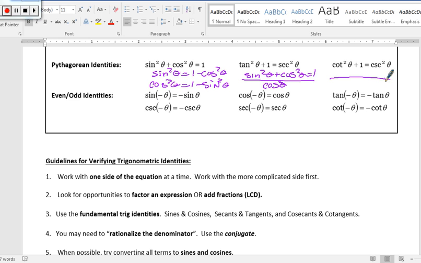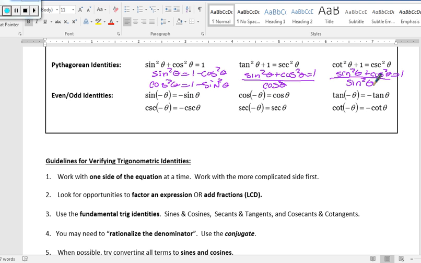This one over here was taking your basic Pythagorean identity of cosine squared theta plus sine squared theta equals 1, and this time we are dividing by sine squared theta. These, again, reduce to get us 1. Cosine over sine would get you cotangent. 1 over sine squared theta would get us cosecant squared theta.